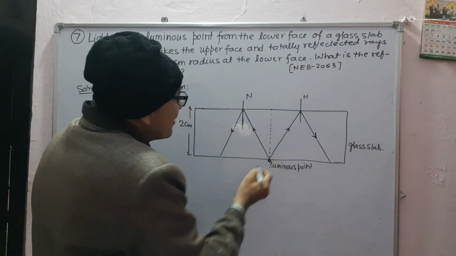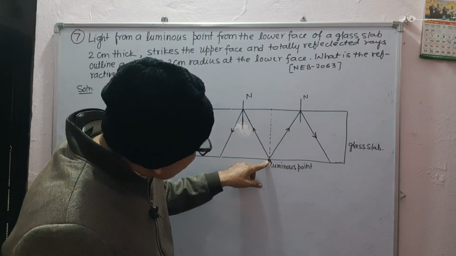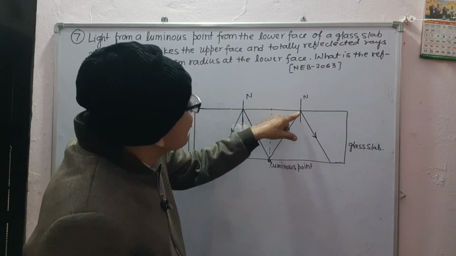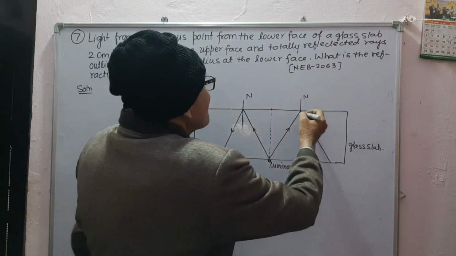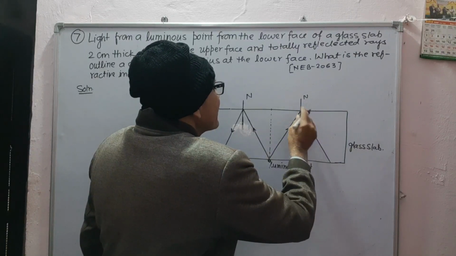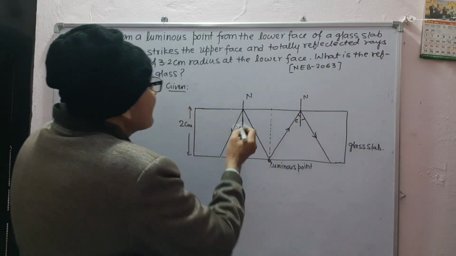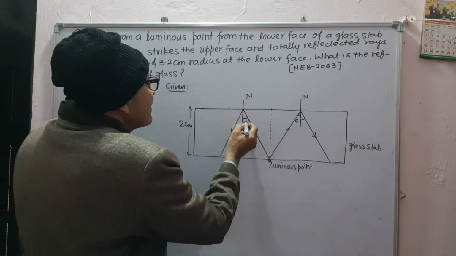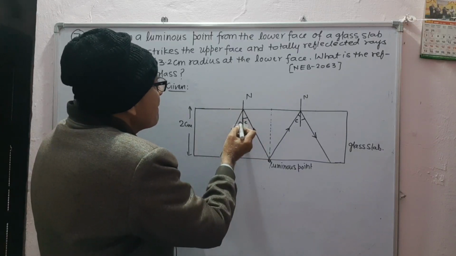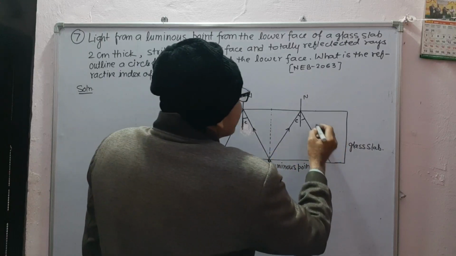This is the luminous point. Light ray moving from this point to this point at almost critical angle is totally internally reflected. So we can take this nearly equal to critical angle. Similarly, this is nearly equal to critical angle, and totally internally reflected rays.